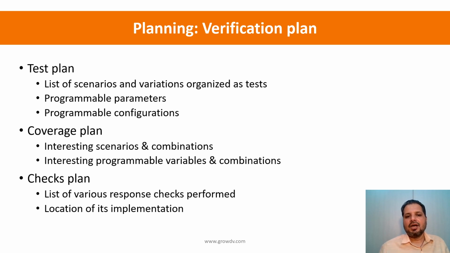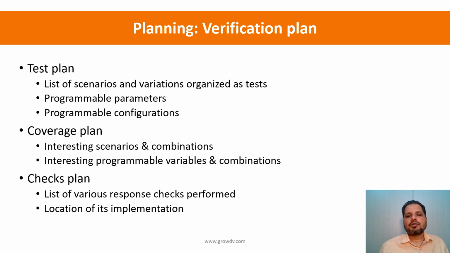So that is the configuration. The difference between a programmable configuration and programmable parameters is that programmable parameters can be changed during the course of execution of a test, whereas the configuration is something that you program once at the beginning of the test, and then it remains the same throughout the course of execution of the test. So those have to be captured as a part of the test plan.